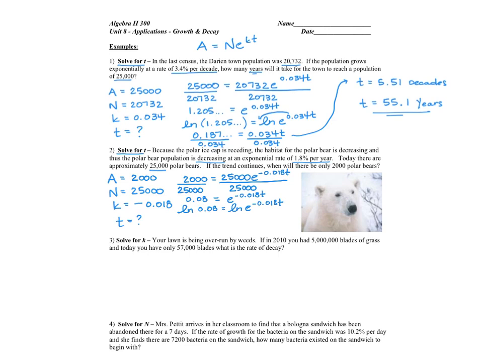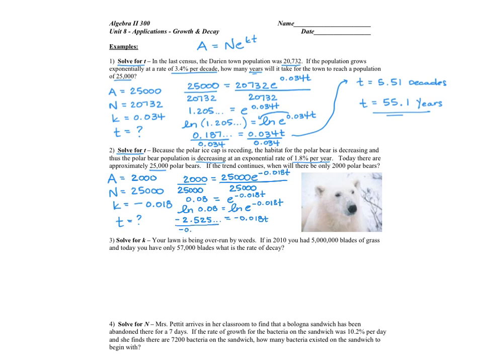So the natural log of 0.08 is negative 2.525. And again, that's not all that my calculator says, so I will make sure to go back and get all of it. And when I bring the exponent out front, I have 0.018t, and the natural log of e is just 1, so that disappears.